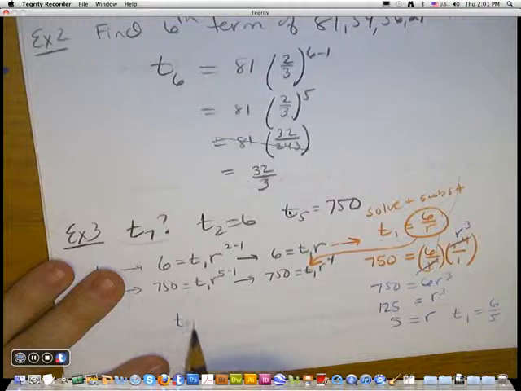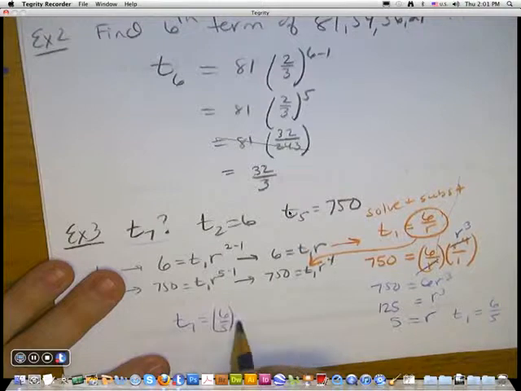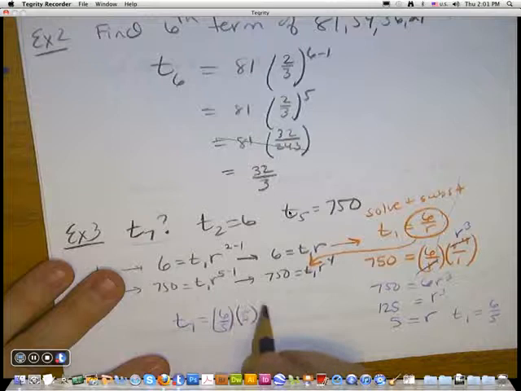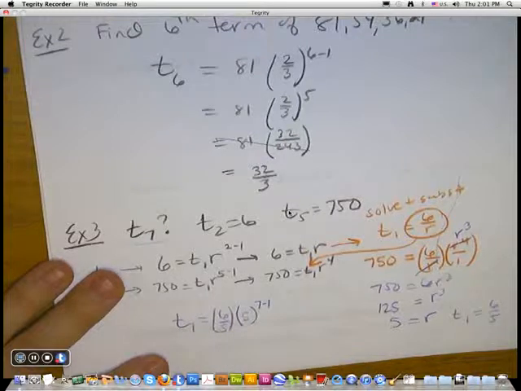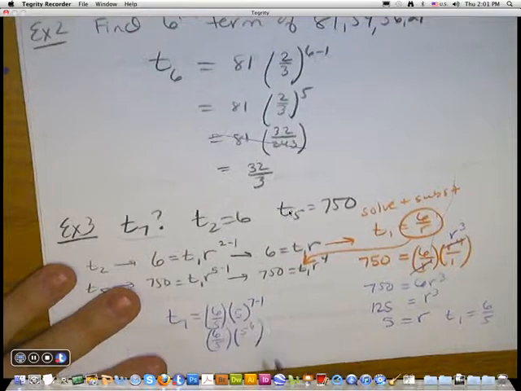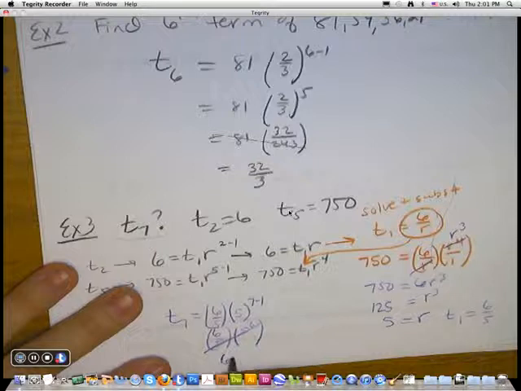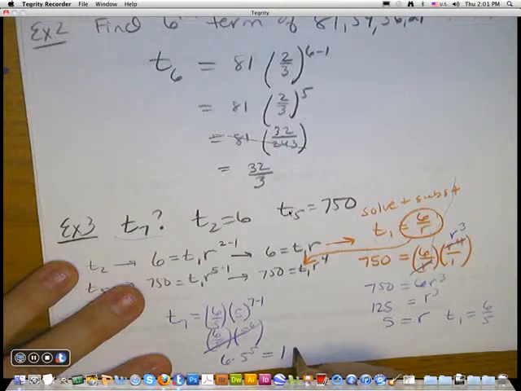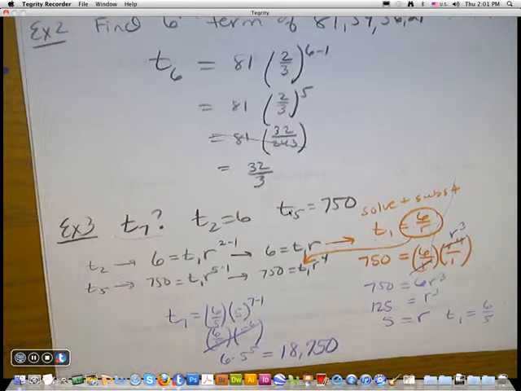And that says the 7th term is the first term times the ratio to the exponent number minus 1. So that's 6/5 to the 6th. Well, that reduces, so it's 6 times 5 to the 5th, which comes out to be 18,750.